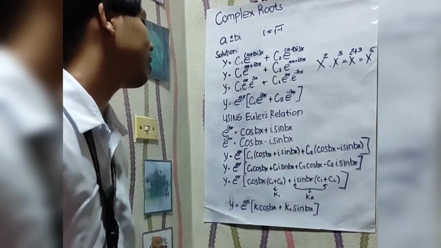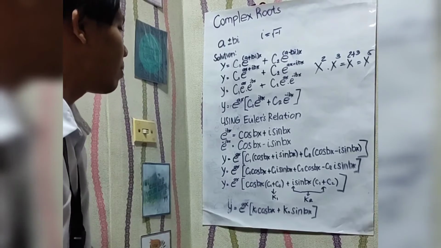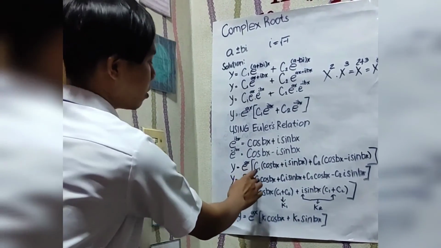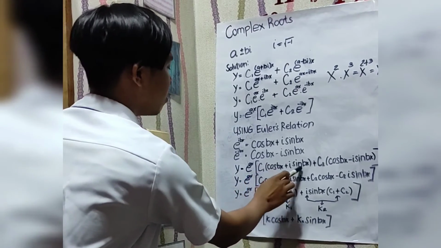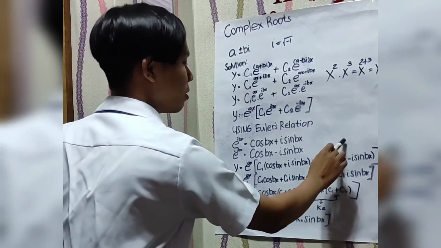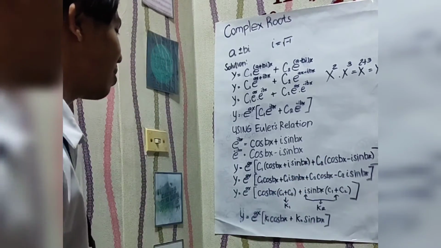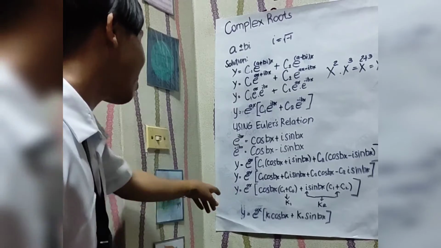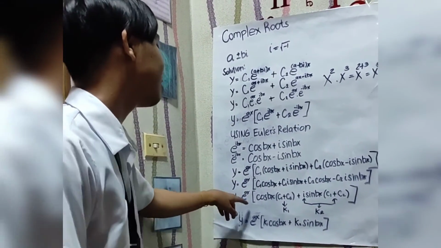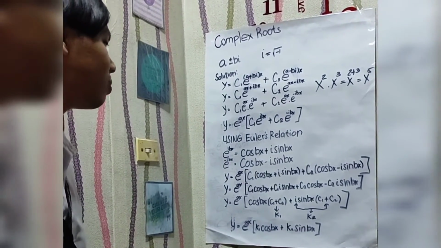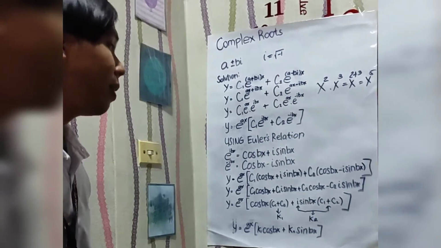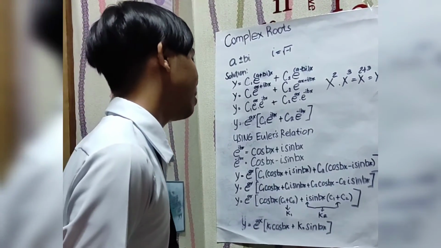So we just replaced them. For further distribution, I distributed c1 inside, and also c2 inside. So the result is y equals e raised to ax times c1 cosine bx plus c1 i sin bx plus c2 cosine bx minus c2 i sin bx.